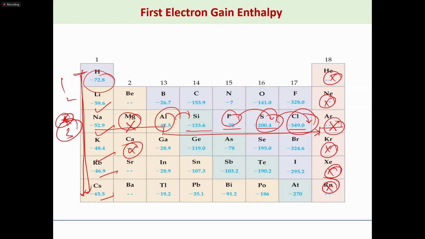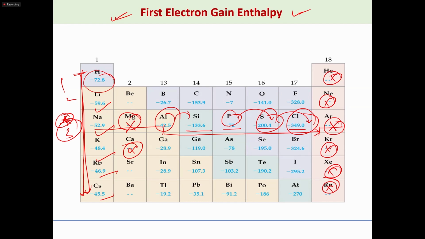When this attraction decreases, the electron gain enthalpy value also decreases. We are talking here about the first electron gain enthalpy, one electron, the first electron being added.